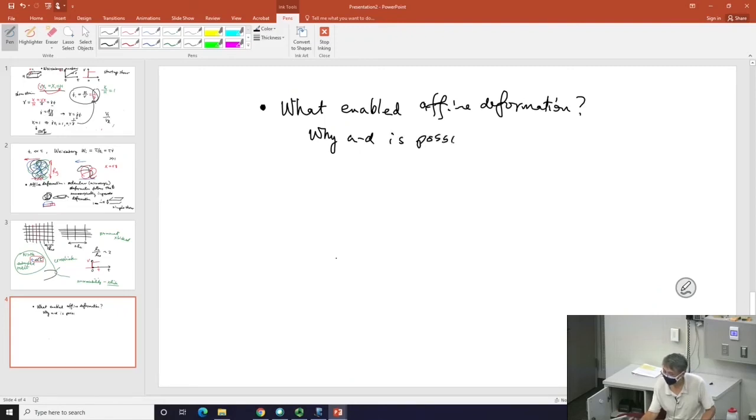Or what causes you to have affine deformation? You can have many different versions, but it's the same. In other words, how come there is affine deformation? Which, of course, I have already answered in the last three minutes: by the fact that you have uncrossability when the chains are very long and it acts like a crosslink.